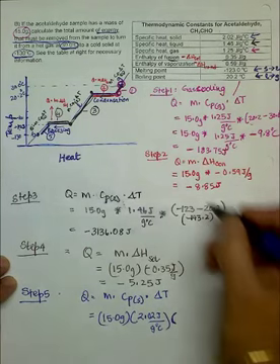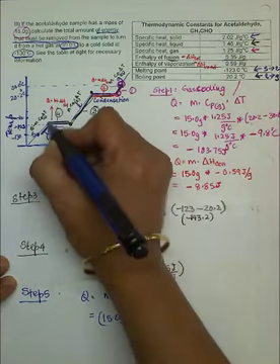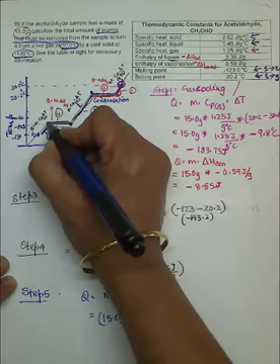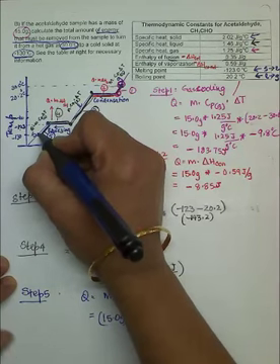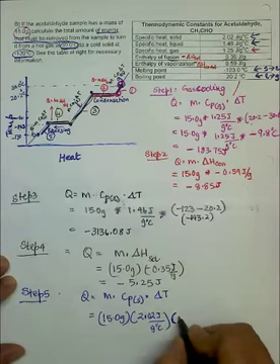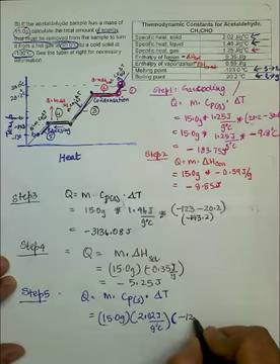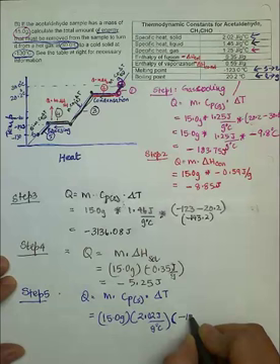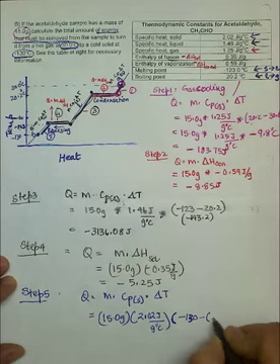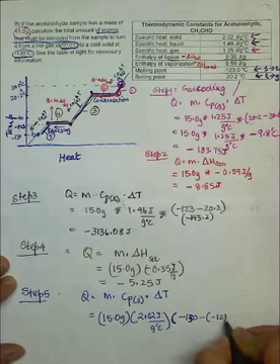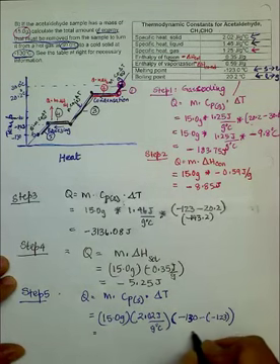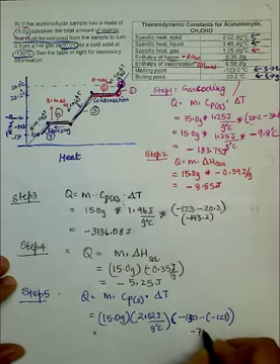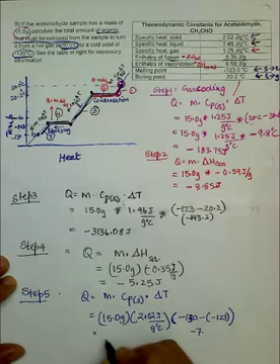I have to be careful as I look for the change in temperature. I know my beginning temperature is negative 123 and my final temperature is negative 130. So I will do final temperature minus initial temperature, negative 130 minus negative 123. So it's negative of negative. Therefore this is negative 7. You can put it in your calculator to see that it's negative 7.